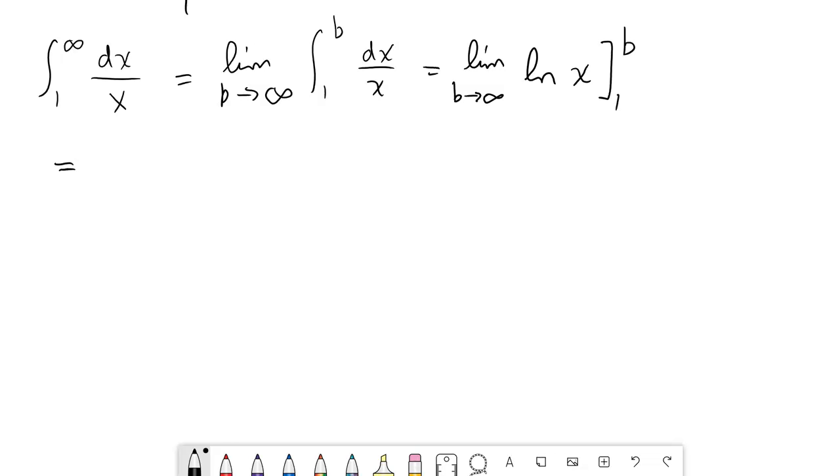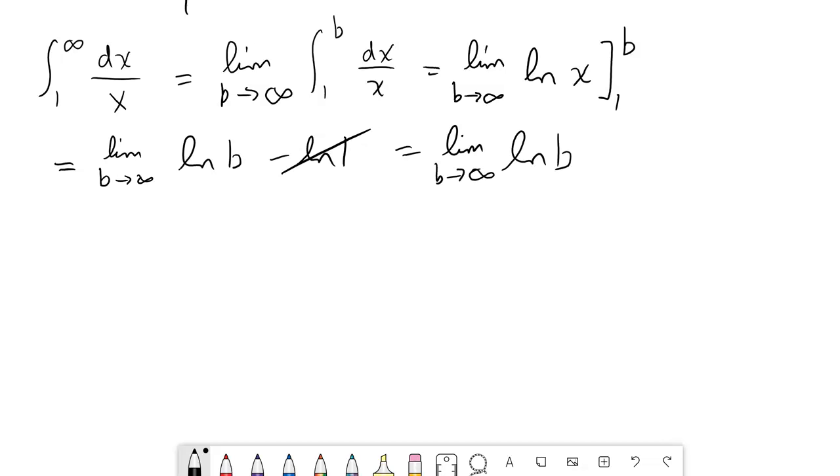In other words, I'm going to evaluate the limits of integration. It's ln b minus ln 1. So ln 1 is 0, so we basically have the limit as b approaches infinity of the natural log of b. And this can be the case in many improper integrals: when we evaluate this limit, notice that the ln function goes off to infinity.